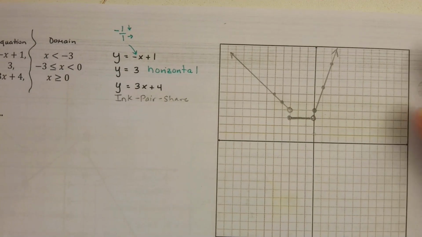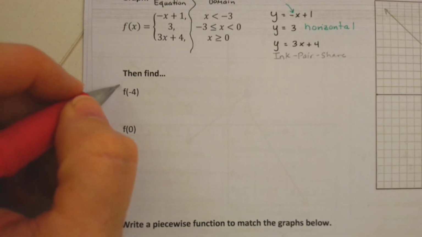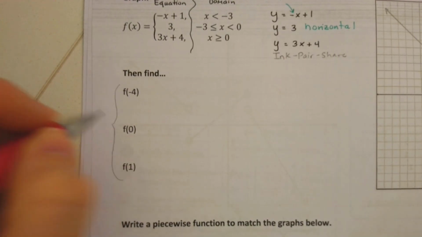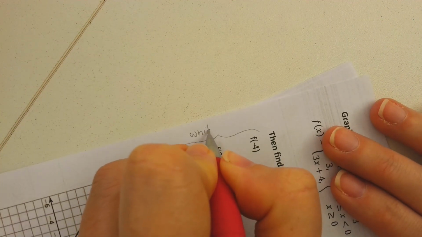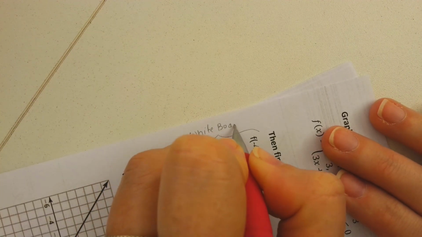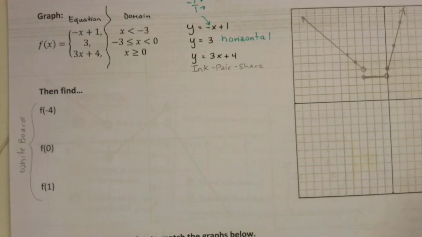Okay, I'm going to have us do whiteboard for the next 3. Now let me know the trick on how to do these. So whiteboard for all 3 of these, you're going to end up with 3 numbers on a whiteboard. Give you about a minute to find those 3.